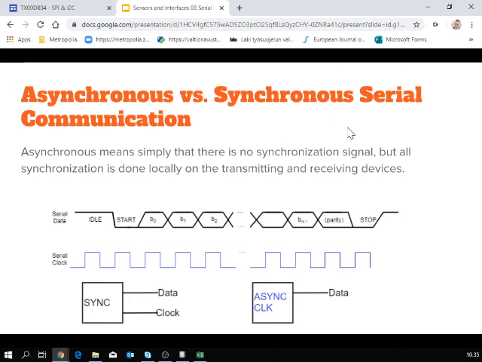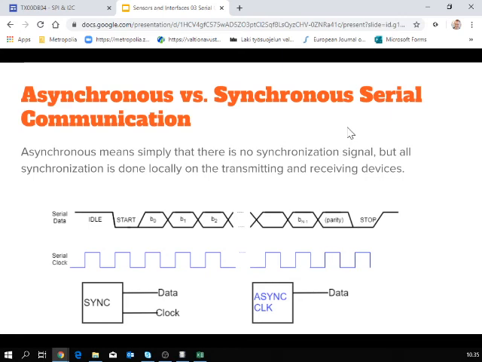One good example of asynchronous is the old-fashioned serial port or UART, the normal way of using UART. UART is universal asynchronous receive and transmit, but usually a UART circuit can also be used in synchronous mode. But anyway, if you don't have a clock signal online, then it's an asynchronous signal.